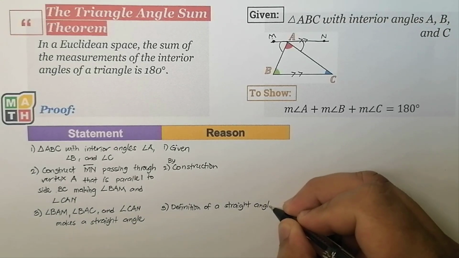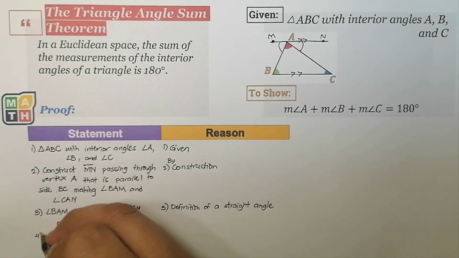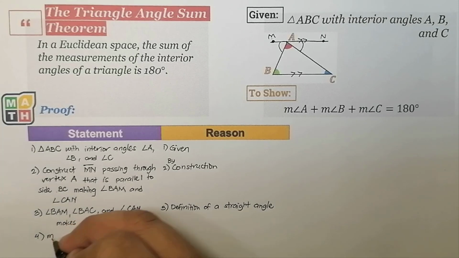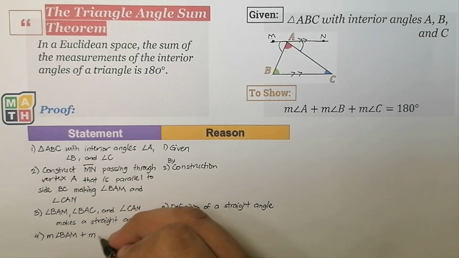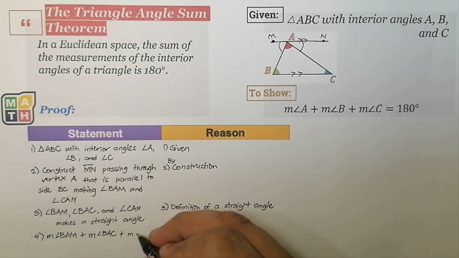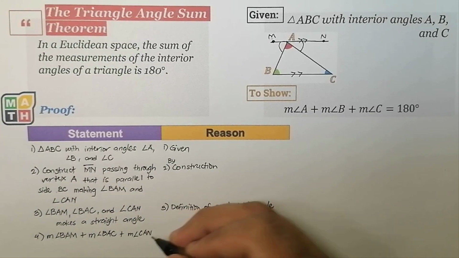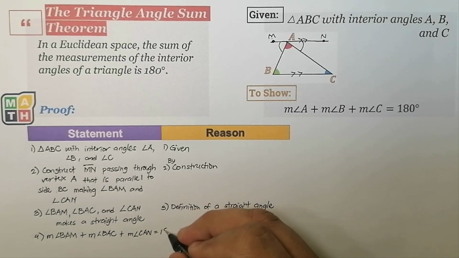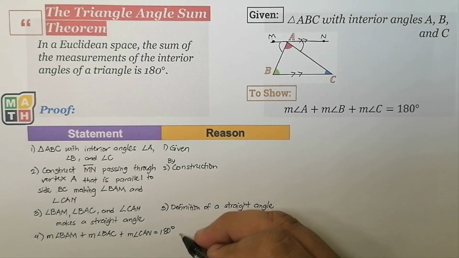angle. In that case, I could make a connection wherein if I'm going to use measurements of angle BAM plus the measurement of angle BAC plus the measurement of angle CAN be equal to 180 degrees.